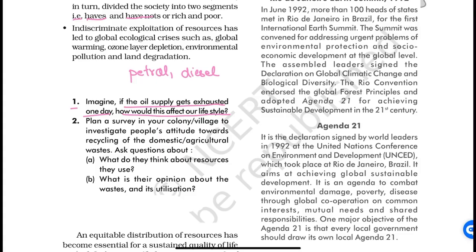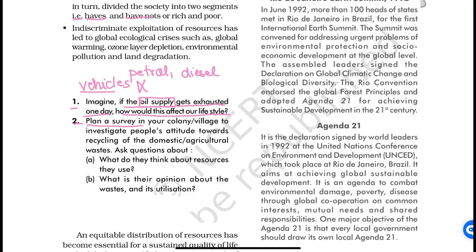So vehicles that need petrol and diesel, that are not electric vehicles, will not work, and so many things that work from oil will not work that day.